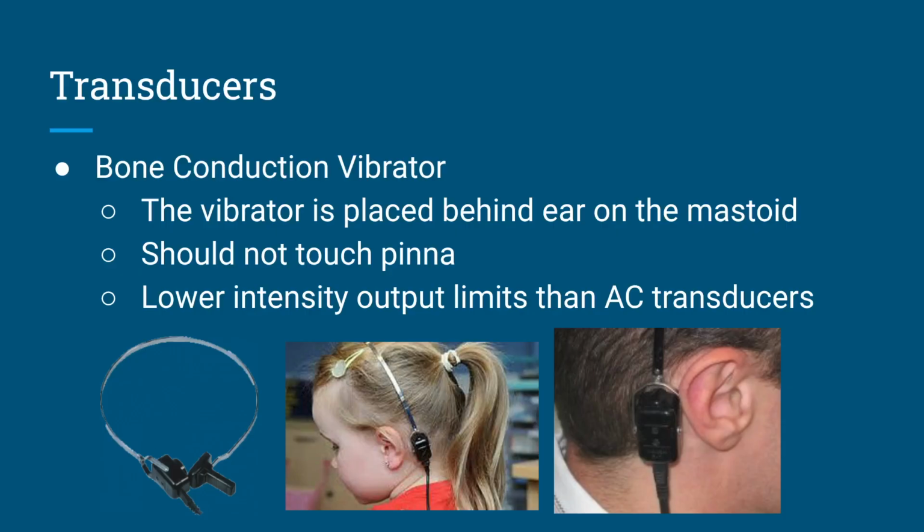The max is going to be lower at low frequencies, partly because of vibrotactile thresholds. The newer B81 transducer does have higher output limits, but we still have vibrotactile responses at the same levels. That's frequently encountered with 250 hertz. You can also encounter vibrotactile stimulation with 500 hertz.